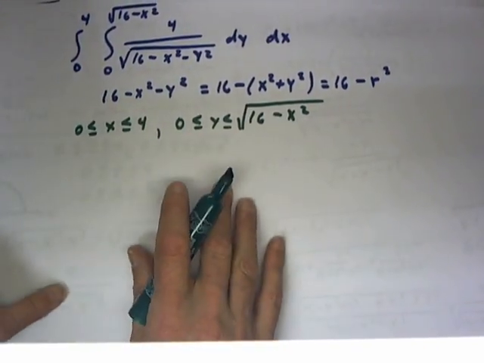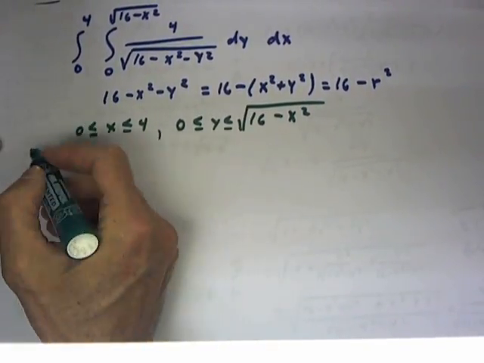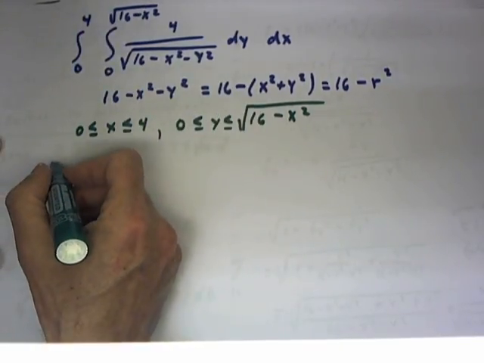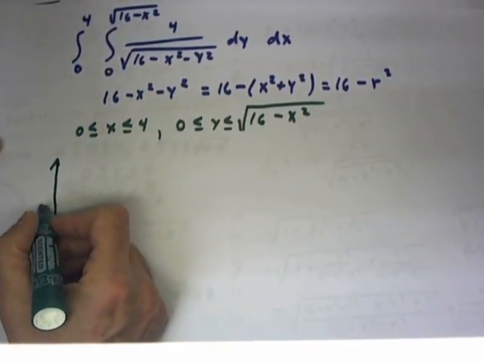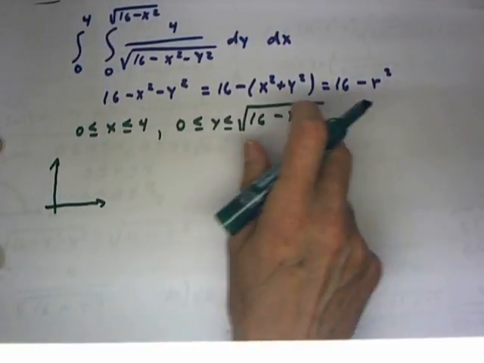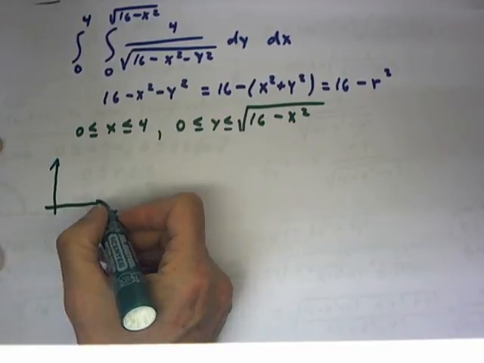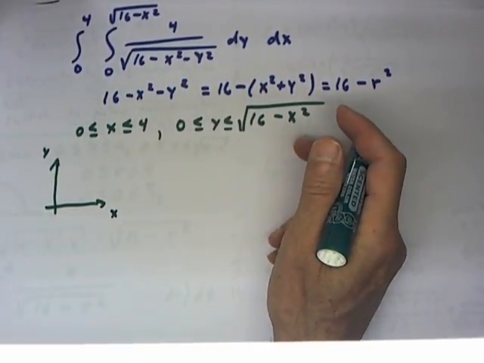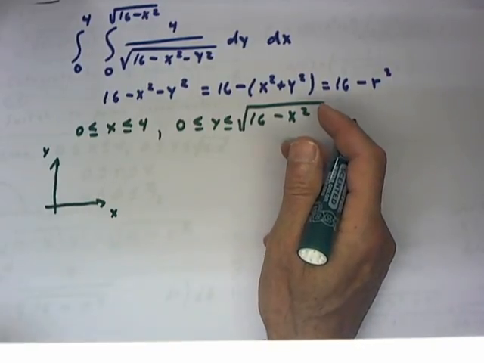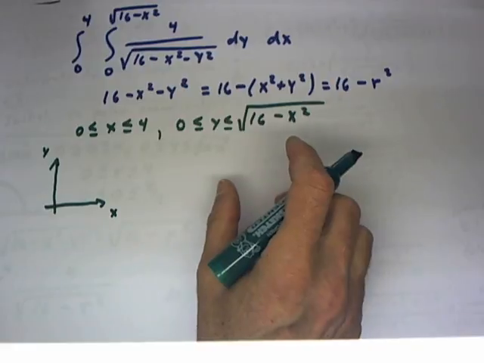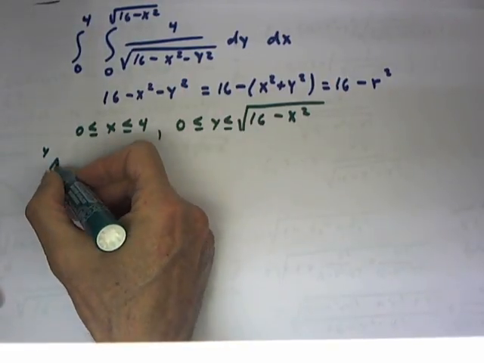This region, if we sketch it in the xy plane, and of course if we remember where all this came from, we know what the region is pretty much, but let's just see how we would work from this given integral to the conversion. So in x and y, y equal to the square root of 16 minus x squared is just y squared equals 16 minus x squared, y squared plus x squared equals 16.